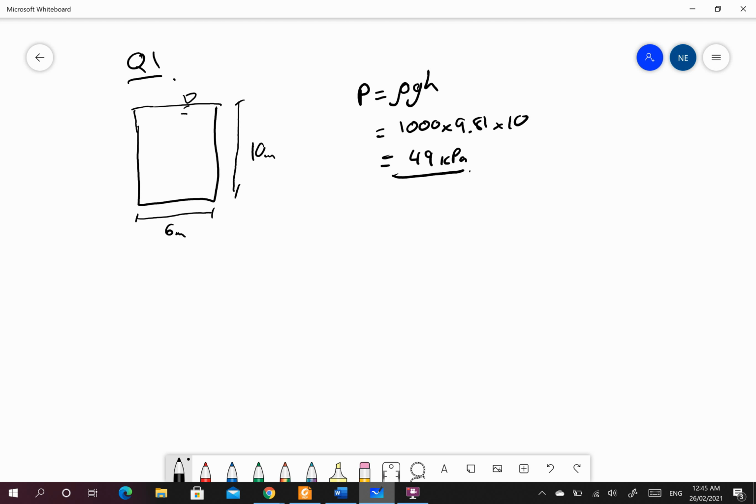Just going to double check that on my calculator. Yep, I have made a mistake already because I was too trusting. Why have I done that? Y10, that should be 5.